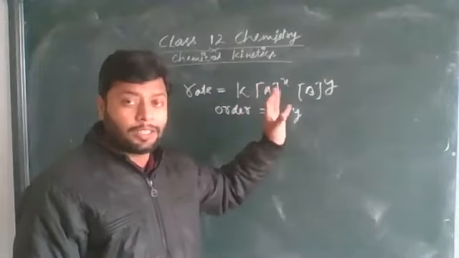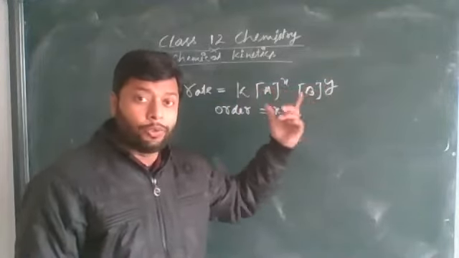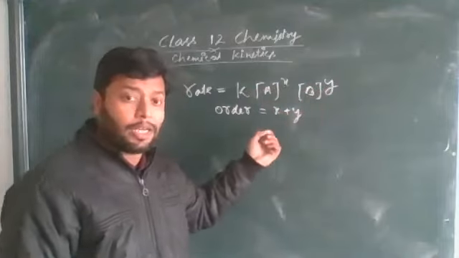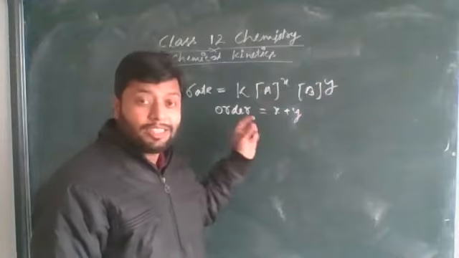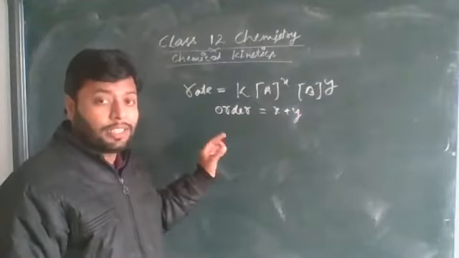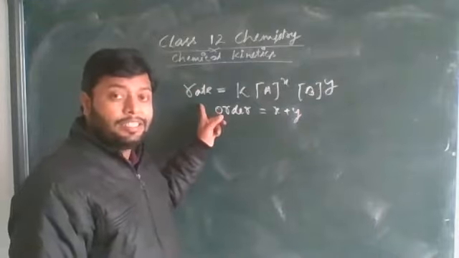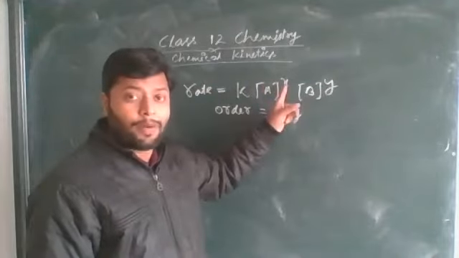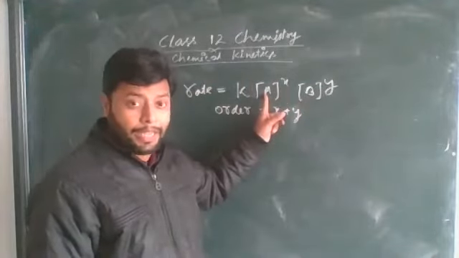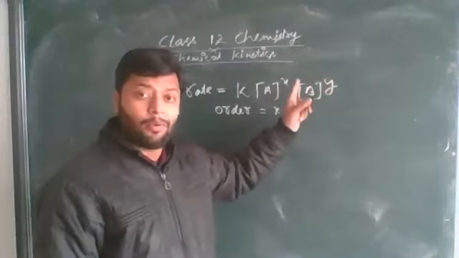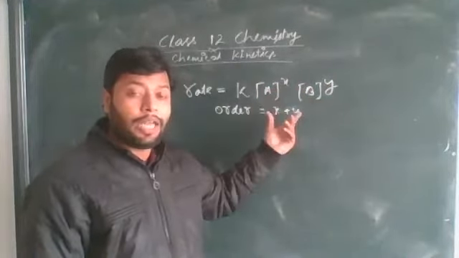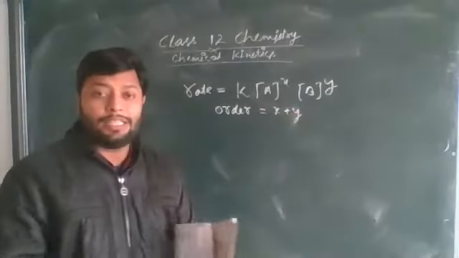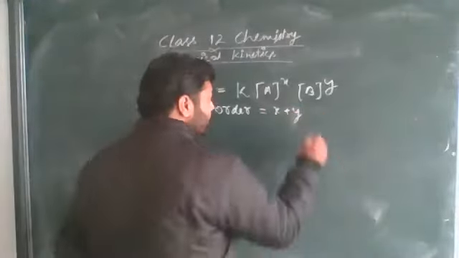So you can say that the rate of the reaction is dependent upon the x power of the molar concentration of A and the y power of the molar concentration of B, and the total order of reaction is called x plus y. It is indicated by small n.